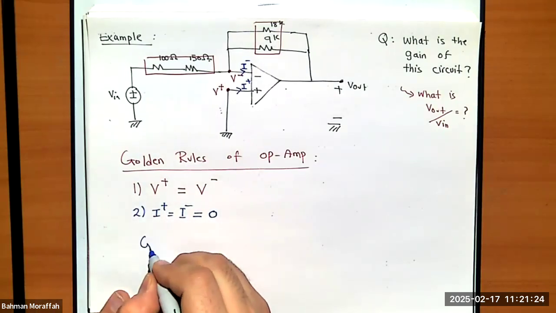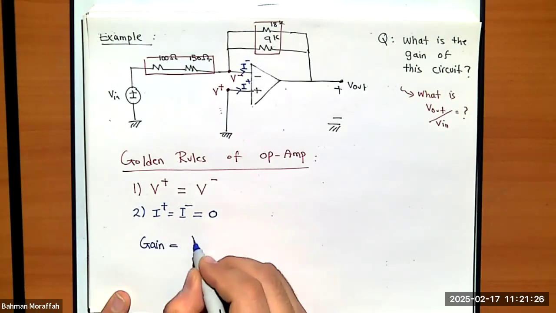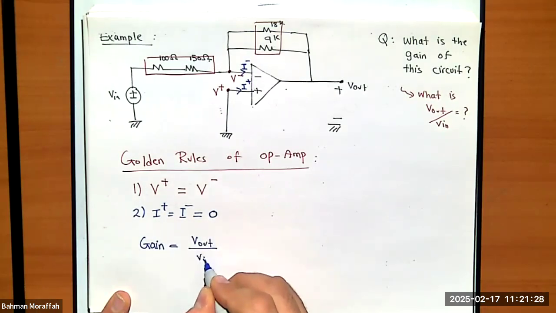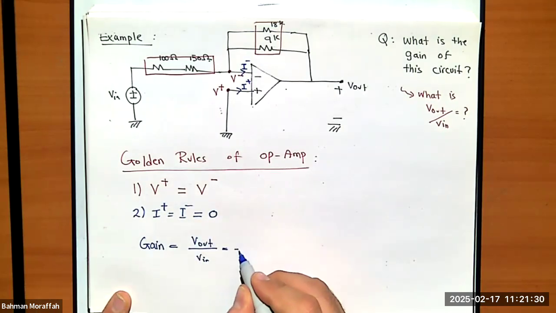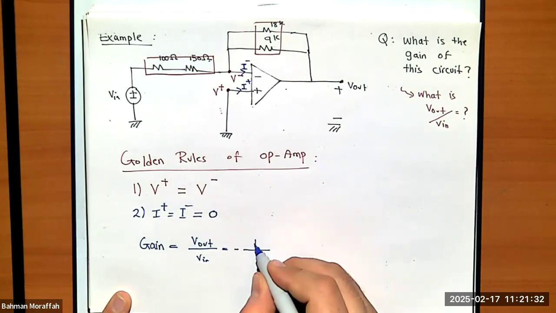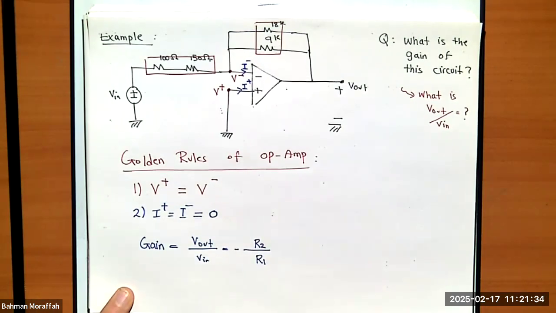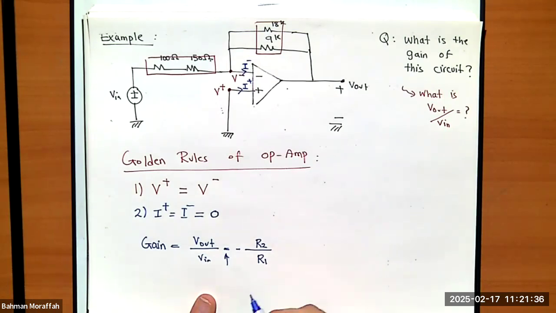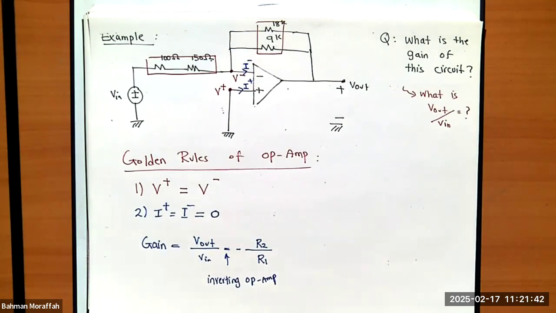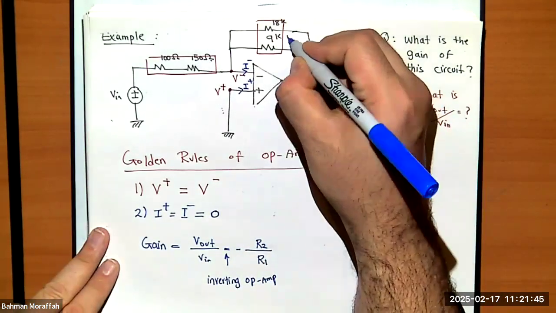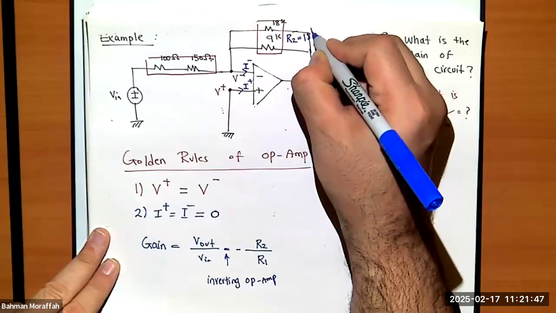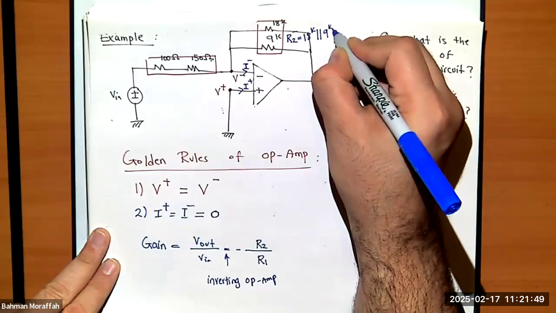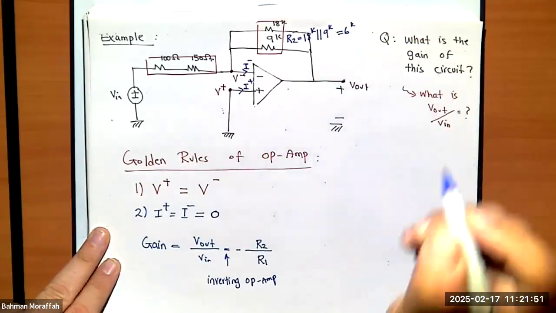So the gain, which is V out over V in, is negative R2 over R1. And this is for an inverting op amp. What is R2? This is R2. R2 is 18K in parallel with 9K, which is 6K.